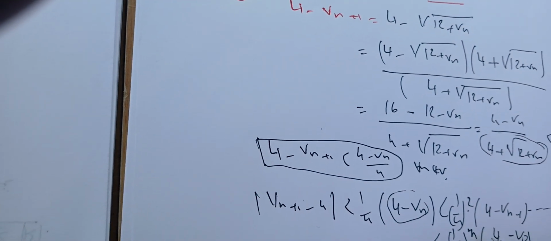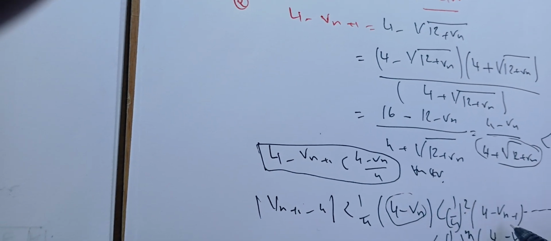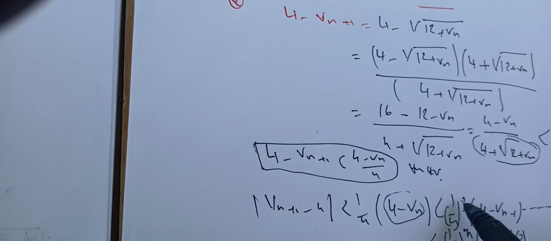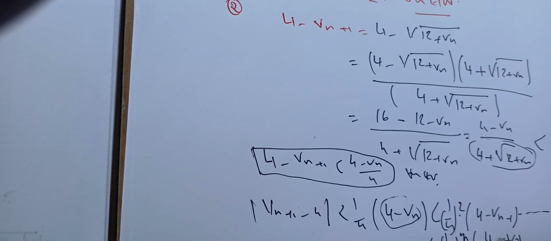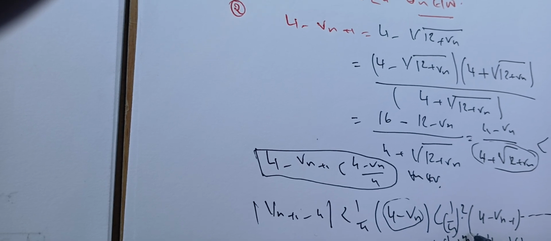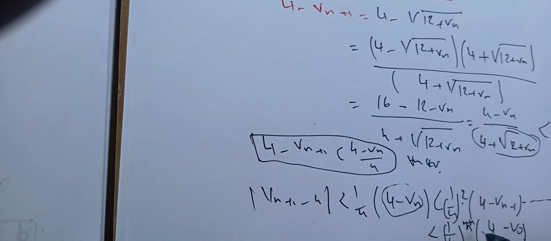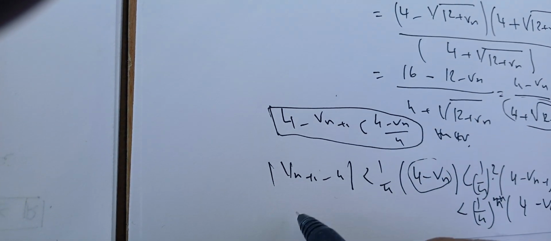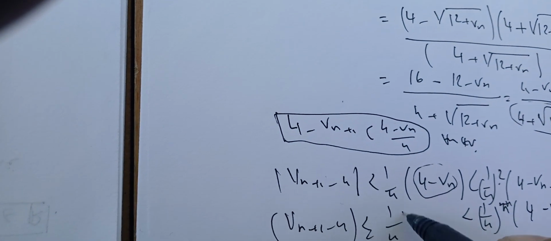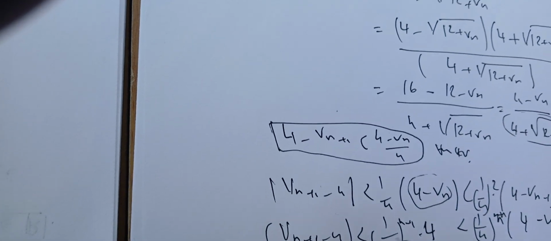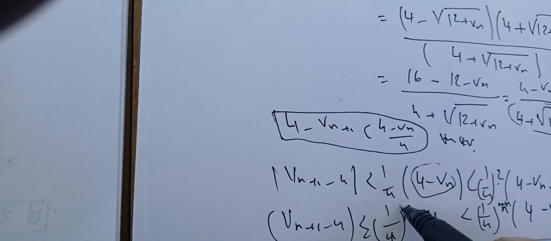We started from Vn and arrived at Vn+1, which means we did n+1 steps. So here, the absolute value of Vn+1 minus 4 is less than 1 over 4 to the power n+1, times 4. When we divide by this 4, we get 1 over 4 to the power n.